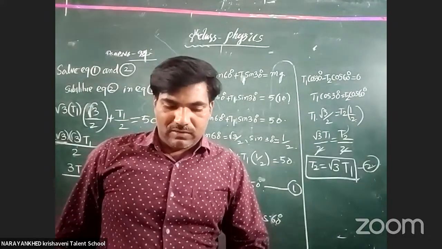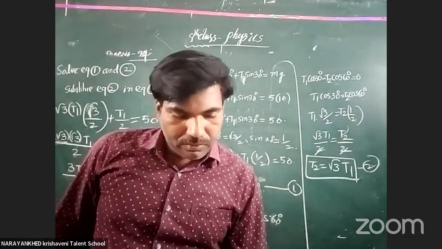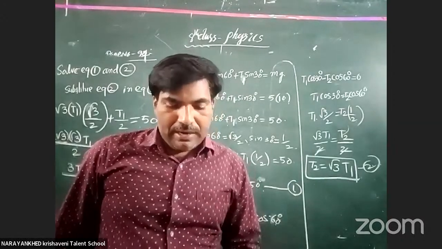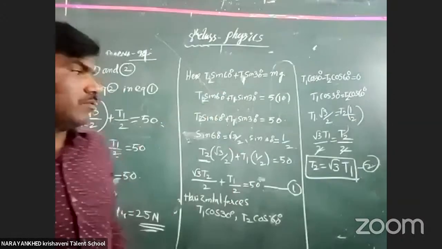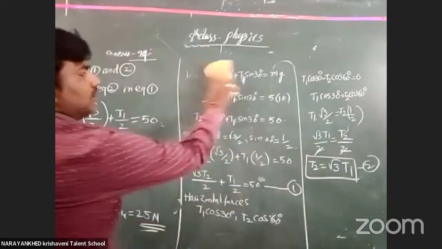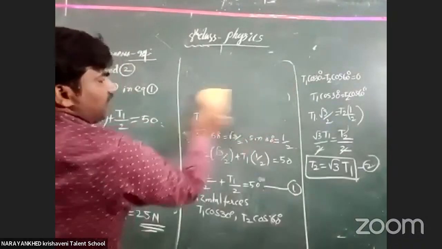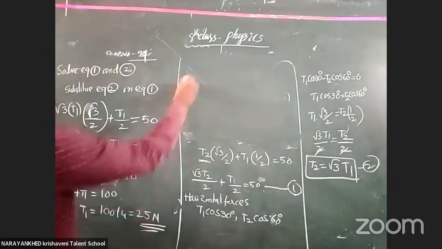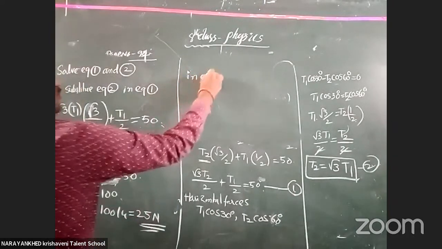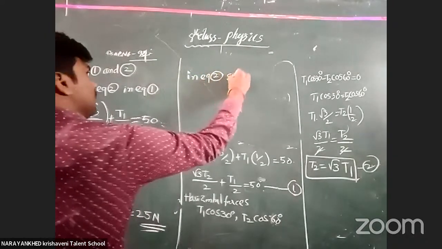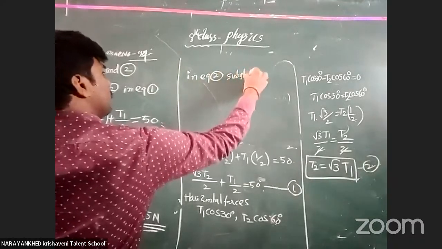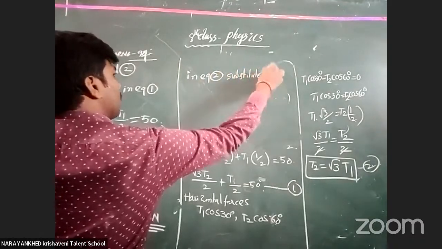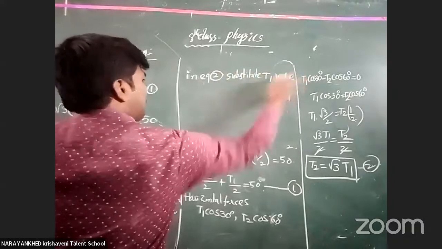That is one correct answer. Next, you have to go with T2. What is the T2? Simply, whatever T1 value is there, you have to substitute in T2. Now in equation 2, substitute the T1 value. What will we get now?